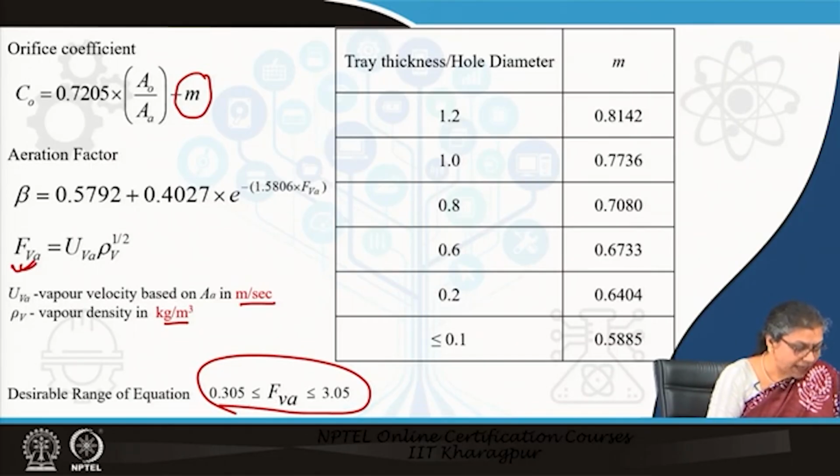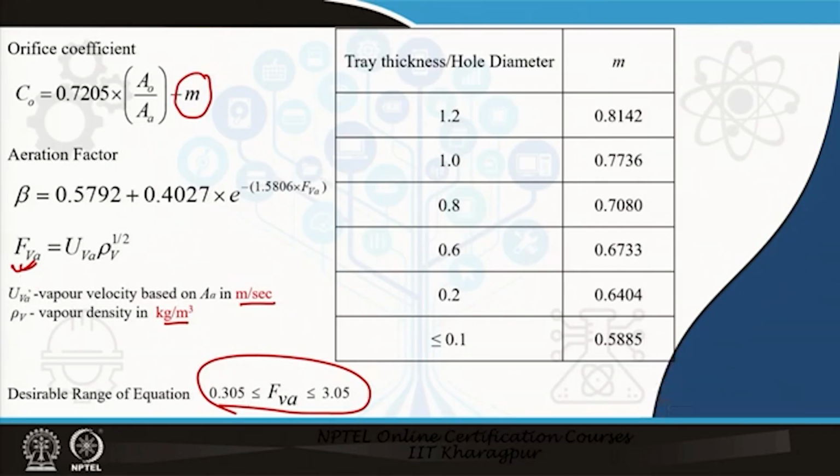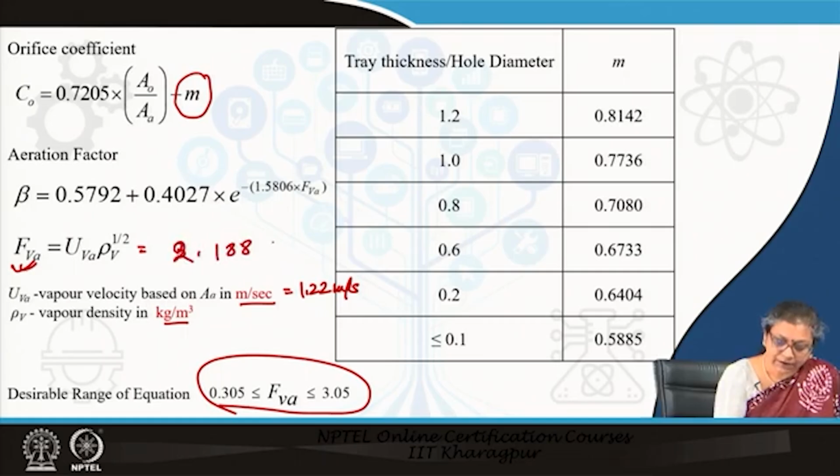So, you can start these calculations and you will find that the value of UVA that you get will be equal to 1.22 meters per second. FVA you will be getting as something like 2.188, which is definitely less than 3.05. So, therefore, you can use this particular beta here.